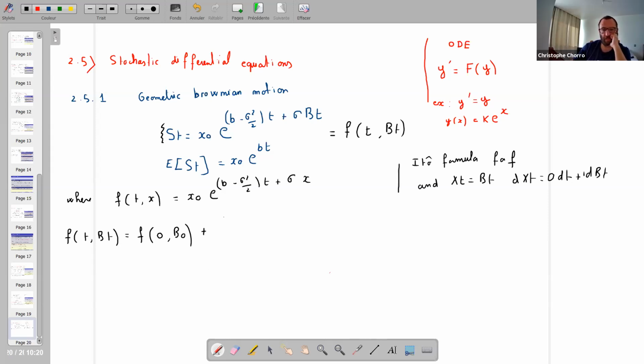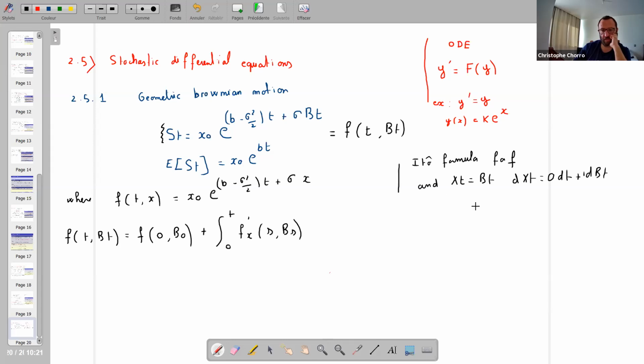plus the integral between 0 and t of the partial derivative of f with respect to x at the point (s, B_s) dB_s.